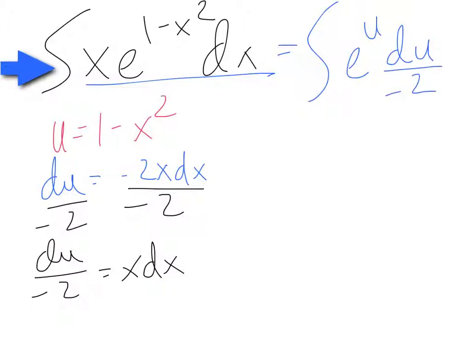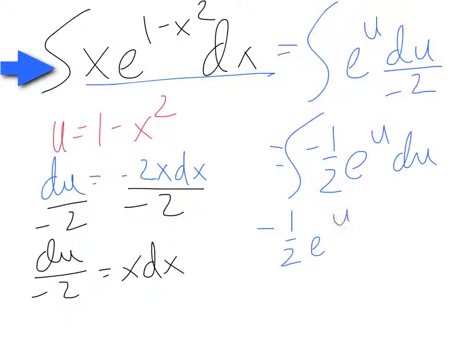That would substitute in for the x dx. So we would simplify this down to negative 1/2 e to the u du. Now when we integrate this, it just becomes negative 1/2 e to the u plus c, and we substitute back in for u, we'd get negative 1/2 e to the 1 minus x squared plus c as our final answer.